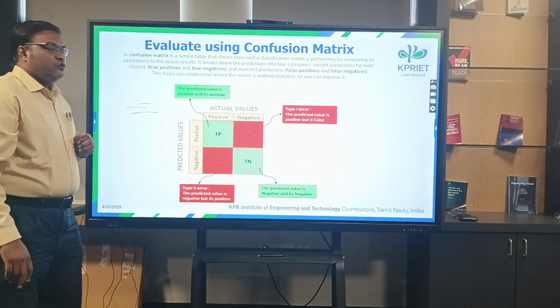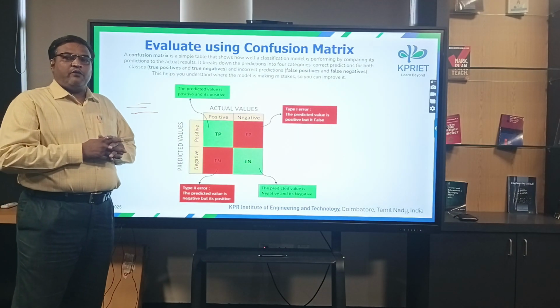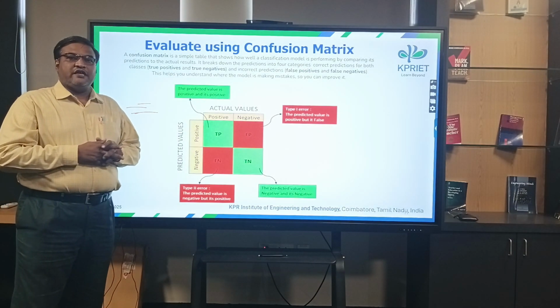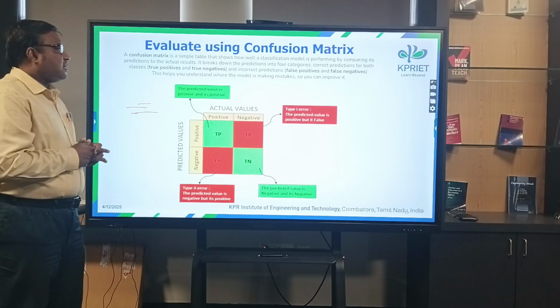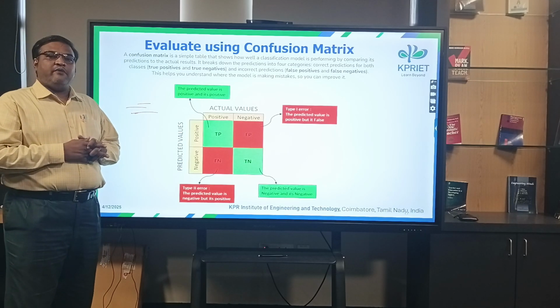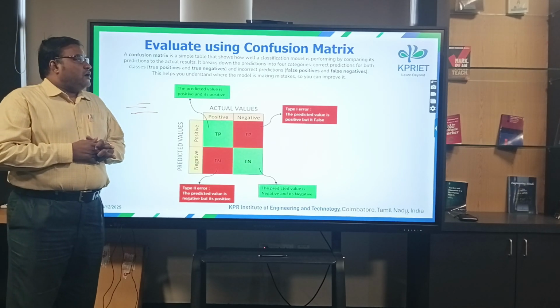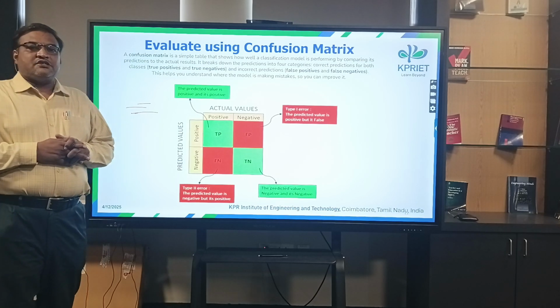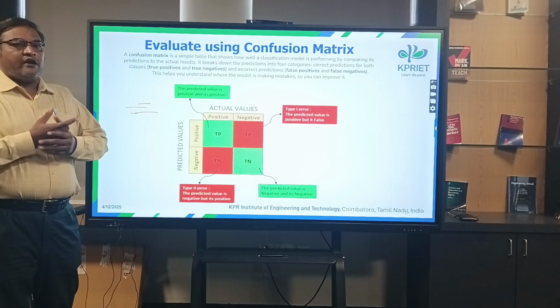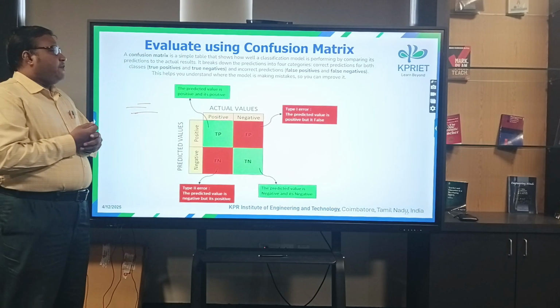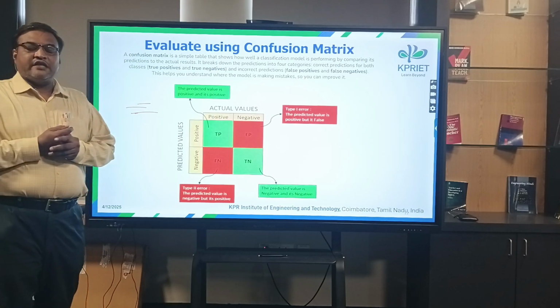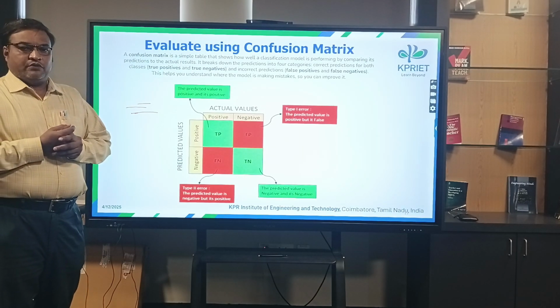Now we are going to move on to how we do the evaluation using the confusion matrix. So what is the confusion matrix? It is a table which shows the performance of the particular logistic model by comparing its predictions with the actual outputs.